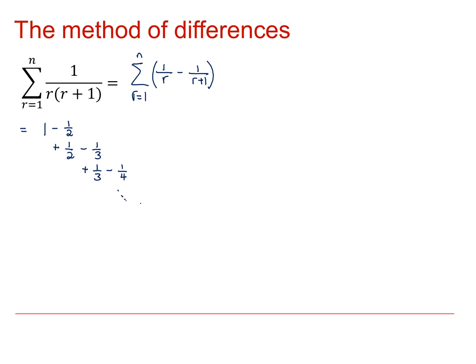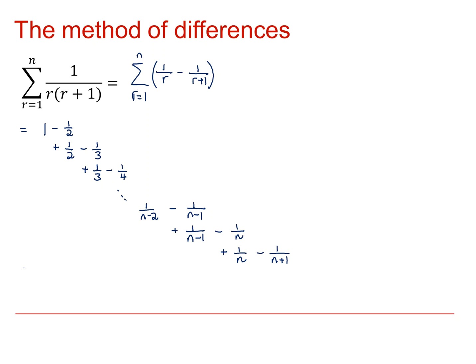If r is n minus 2, I've got 1 over n minus 2 minus 1 over 1 more than that, which is n minus 1. Then when r is n minus 1, I've got 1 over n minus 1 minus 1 over n. And finally, when r is n, I've got 1 over n minus 1 over n plus 1.